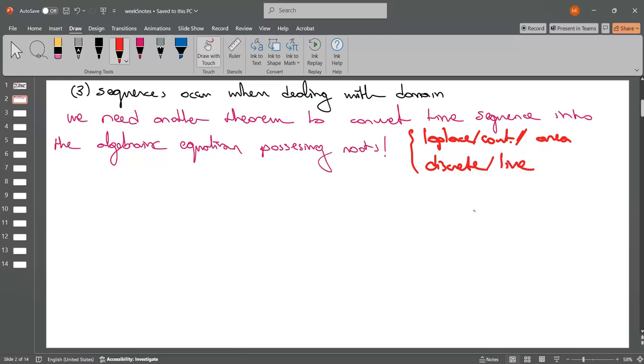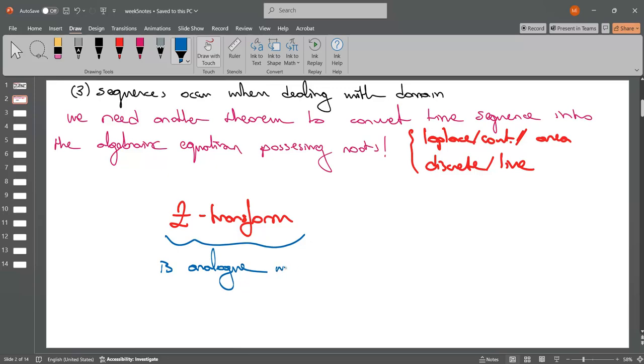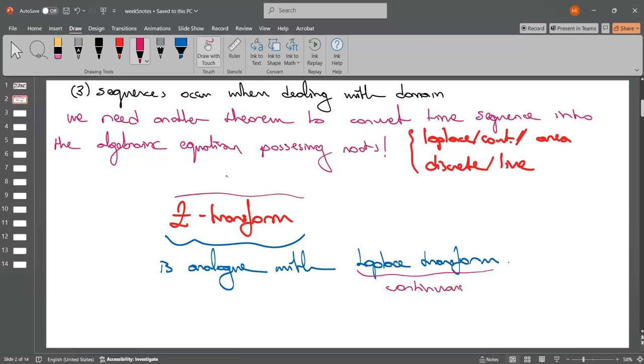And so this line should be analyzed or processed with another theorem, which we call the Z transform. And so this Z transform is analogous to the Laplace one. Okay? But the Laplace is based on the continuous one. And so this is the discrete one. Okay?